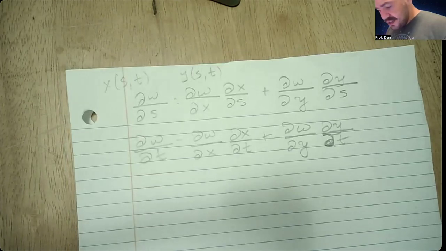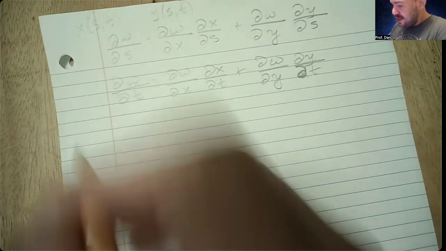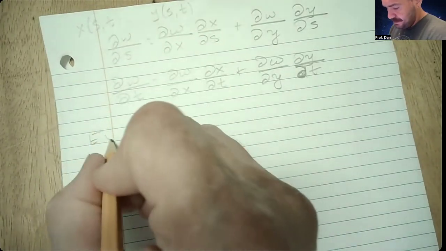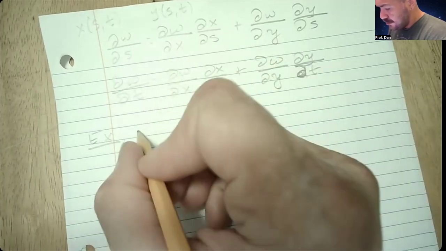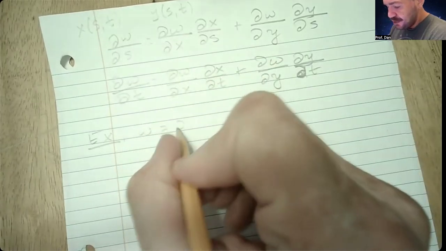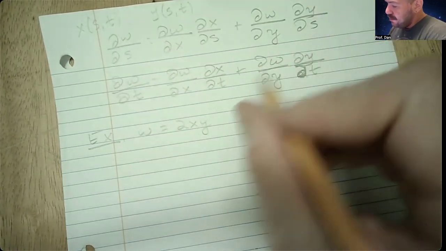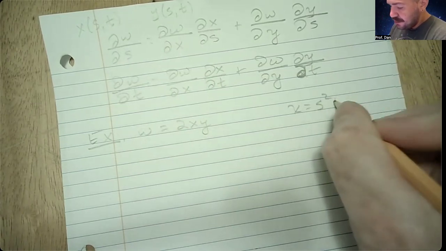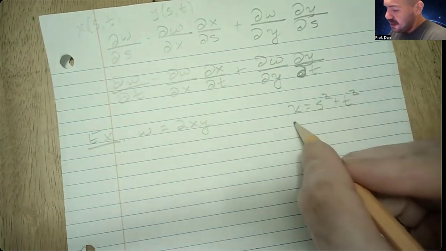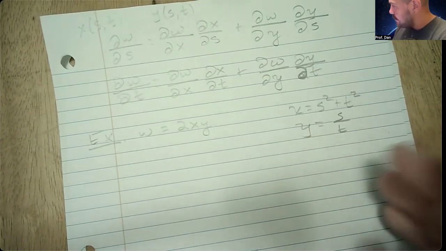So, with that said, let's say that we want to use the chain rule to find the partial with respect to s and with respect to t for this function. W is equal to 2xy. We are told that x is defined as s squared plus t squared, and that y is defined as s divided by t.